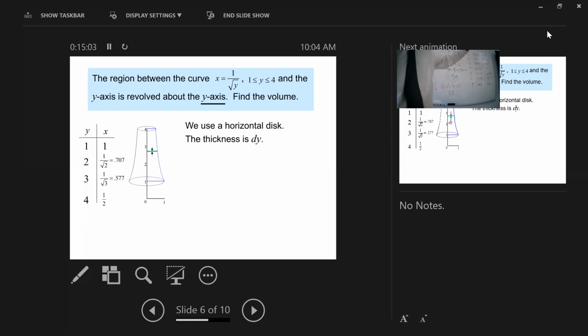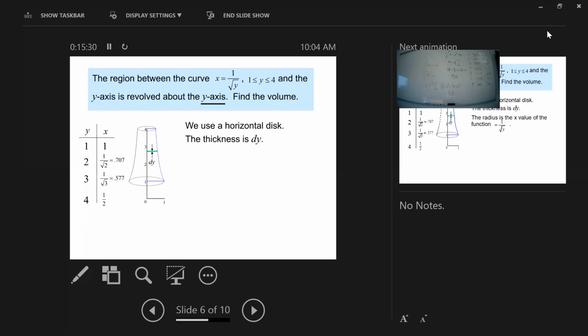But now we're doing, ready? Look what happened. This is what this means up here. This perpendicular symbol means everything we're doing today is perpendicular to the axis of rotation. So this cut here, dy, is hitting the y-axis at a right angle. It's perpendicular to the axis we're rotating it about.